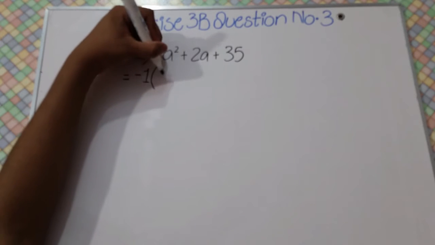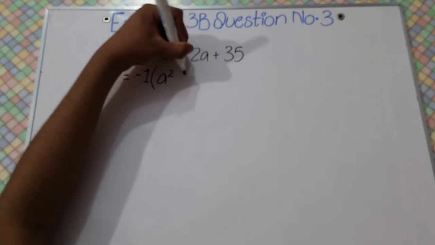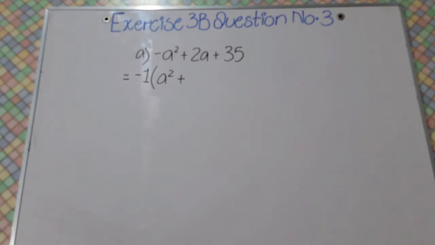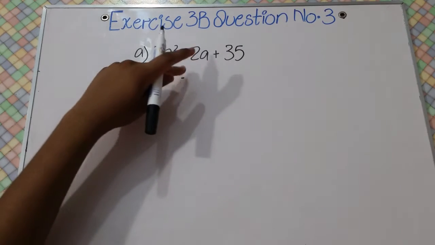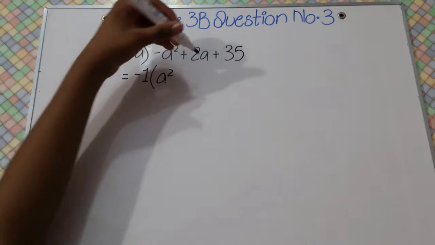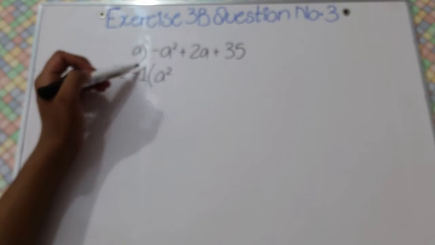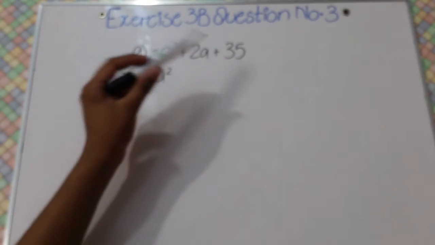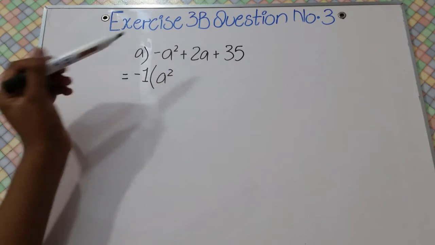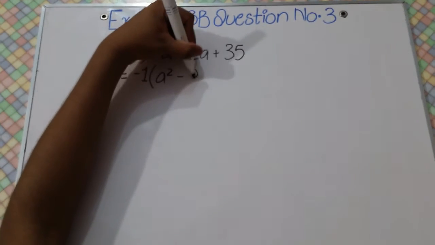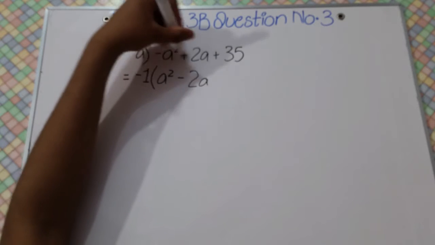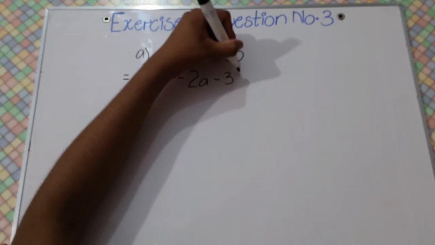Means now A is not negative, it would be A square plus. And now as you all know it is minus, so it is going to be multiplied with all this. Means minus plus is minus 2A, minus plus is minus 35.